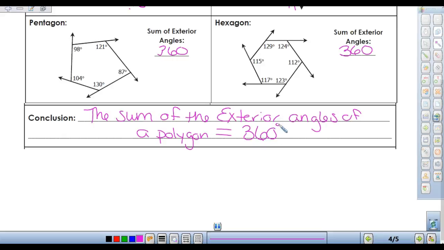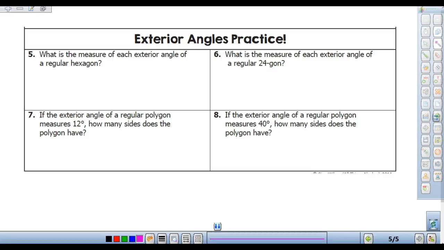Okay, so interior angles, you've got to do those funky formulas. Exterior angles, the sum is always 360. So the measure of each exterior angle of a regular hexagon. Well, what do they all equal? Together they equal 360. How many sides does it have? 6 sides.